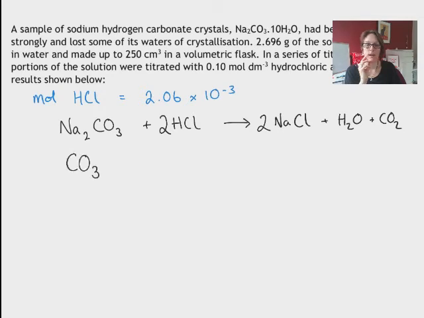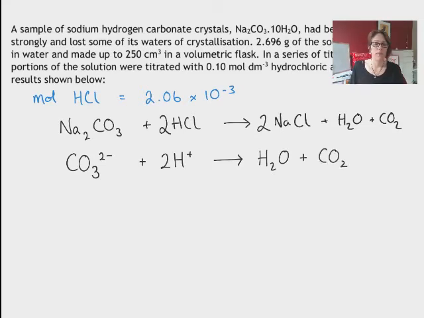Actually, there's a quicker way you could have done this. So it turns out that all carbonate ions require 2 hydrogen ions to neutralize. This is the ionic equation for the reaction, and we'll look at ionic equations next week. So this is always what's happening when you react a carbonate with an acid.